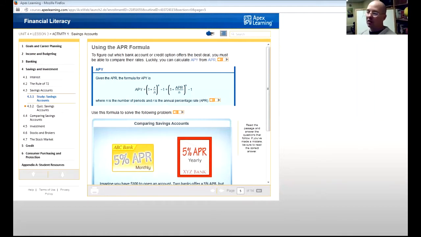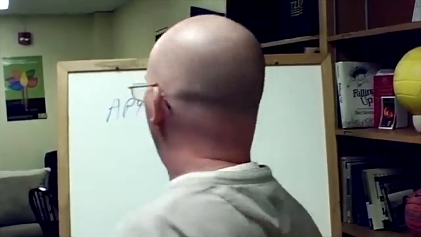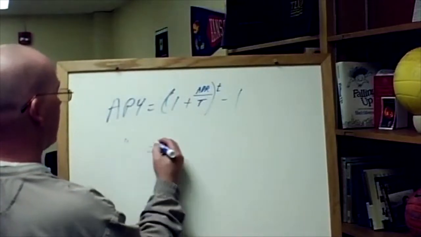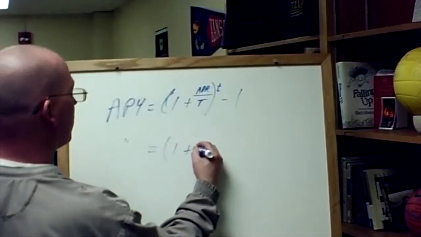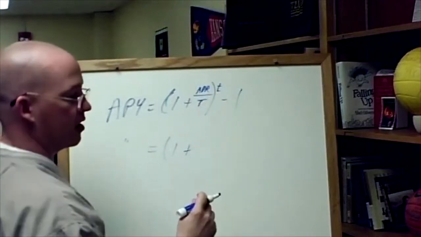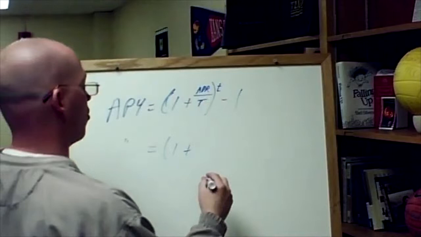So let's go back to this ABC Bank. You have 5% APR that compounds monthly. Okay, I'm going to stop sharing my screen so you guys can see this. So figuring out APY, 1 plus, now you got to change this APR to decimal form.